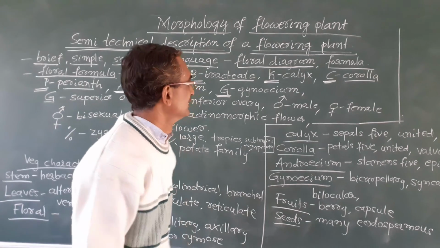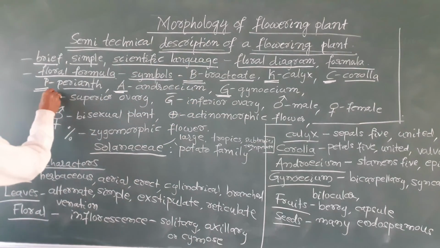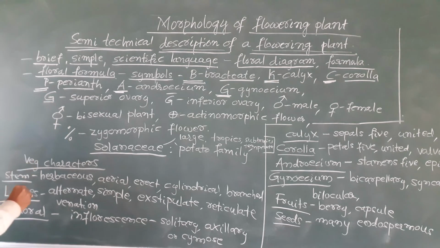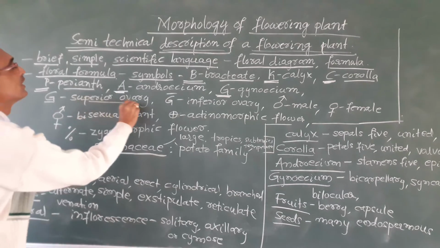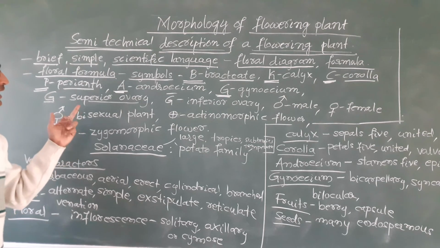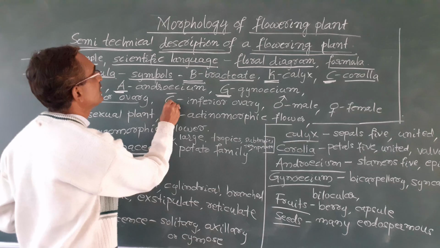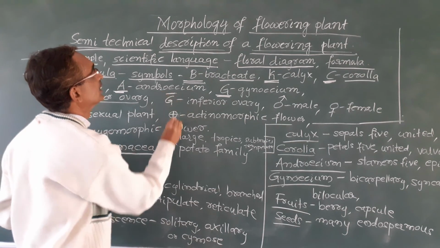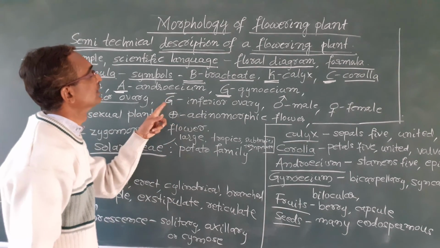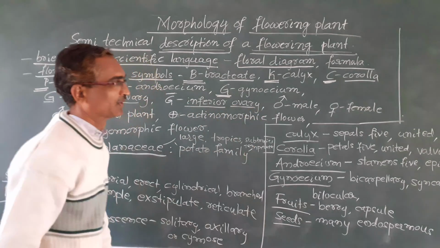Capital G with an underline denotes the superior ovary, that is, the ovary which is above the other parts of the flower. Capital G marked with a dash above it denotes the inferior ovary.